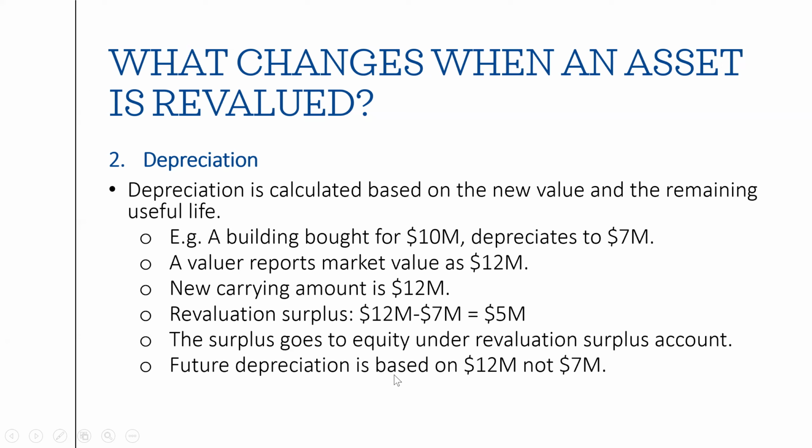Future depreciation is based on 12 million and not 7 million. Apologies for saying that the building was bought for 10 million. This is depreciation, not appraisal. The appraisal is an increase of 5 million on the 7 million. I hope this one is clear.